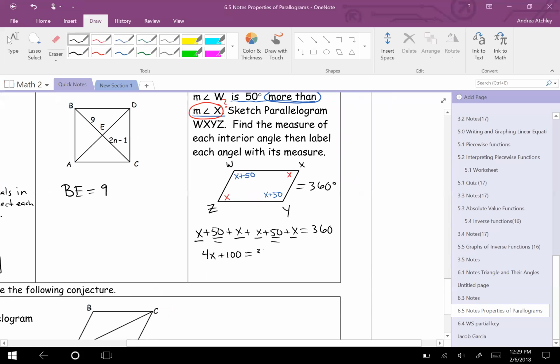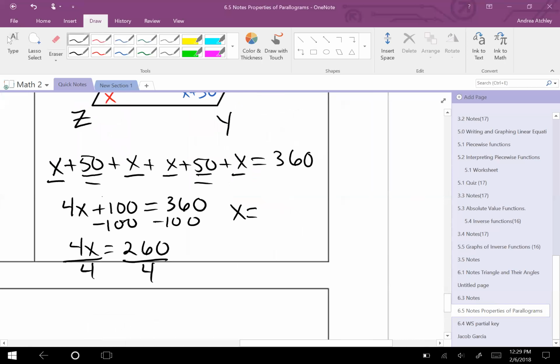And that equals 360. I'm going to subtract 100. I'm going to get 4X equals 260. Divide by 4, divide by 4, and I get X equaling, 4 can go into 26 6 times with 2 left over, 65.